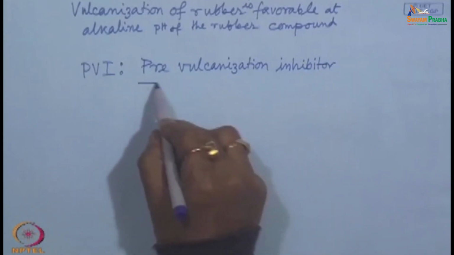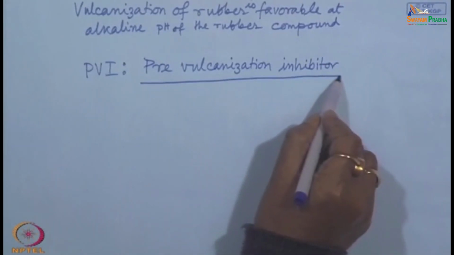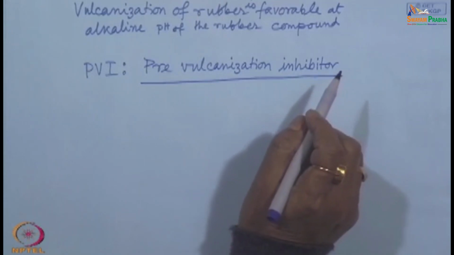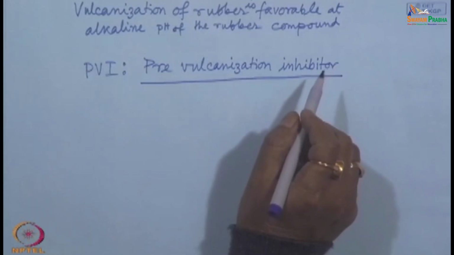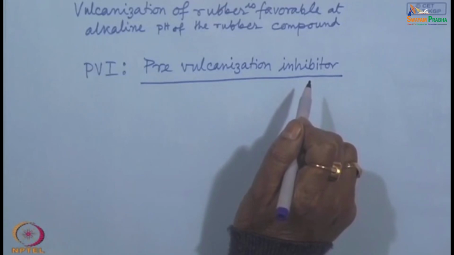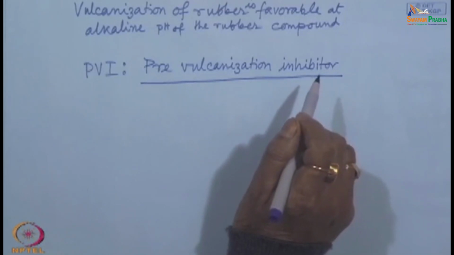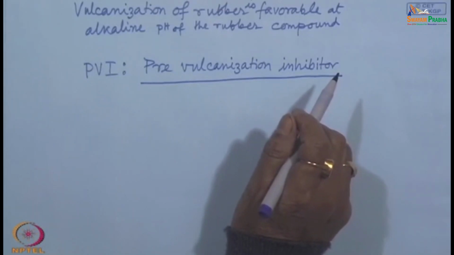I was talking about the scorching reaction before final shaping and vulcanization. The scorching or premature vulcanization should not occur during rubber compound formation as well as during fabrication and shaping.